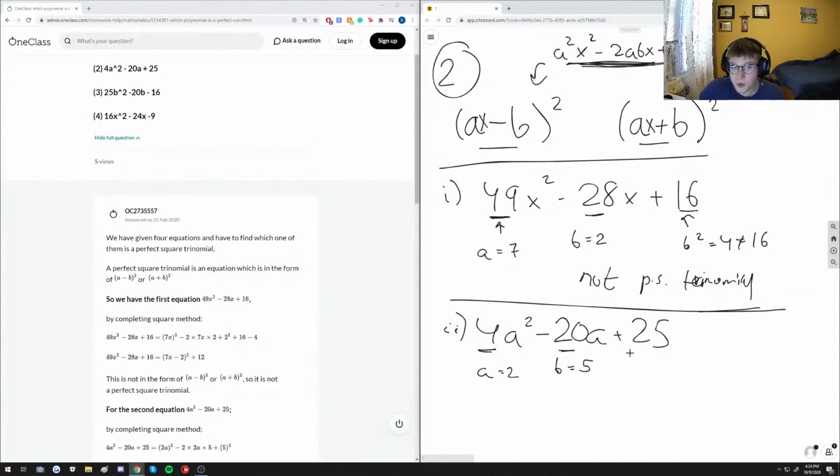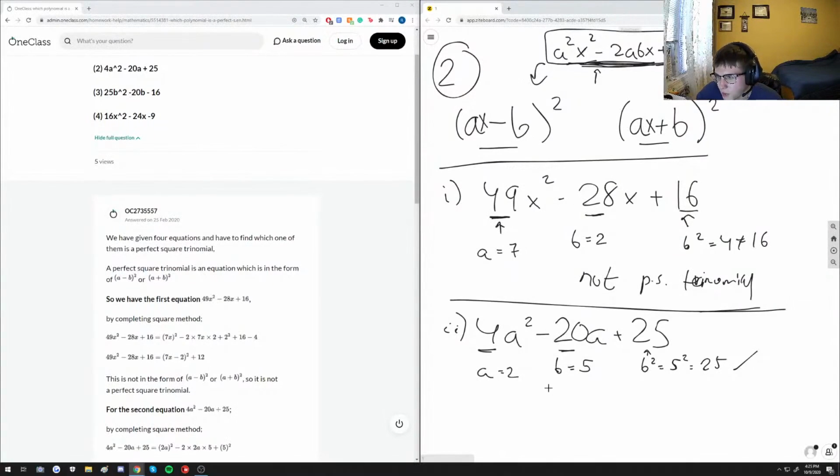And let's check if our assumption is correct. So this term has to be b squared over here. And because in this case, b squared is 5 squared, which is 25, everything checks out, and we can write this trinomial as a perfect square trinomial using this ax minus b quantity squared representation.